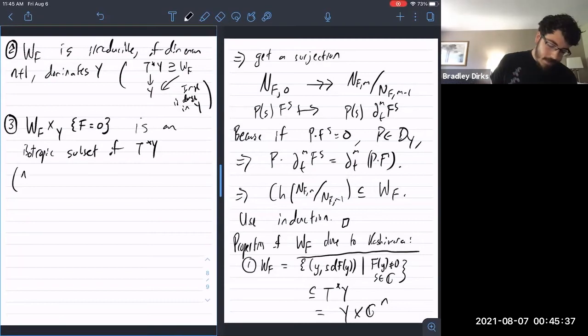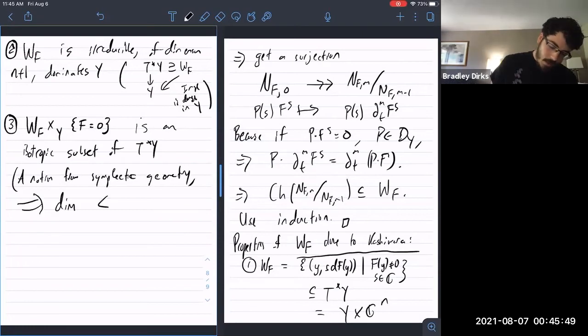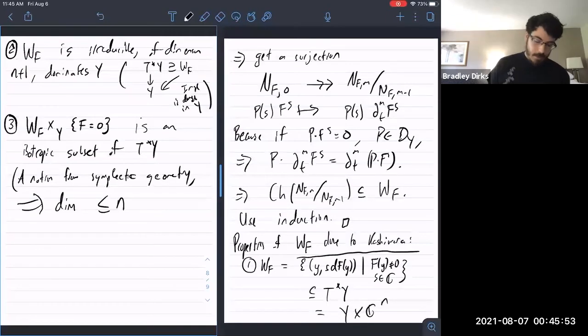So I'm just going to say this is a notion from symplectic geometry. And it implies that the dimension is less than or equal to n, which is really useful for us, but it's also stable by an operation that we will use later.